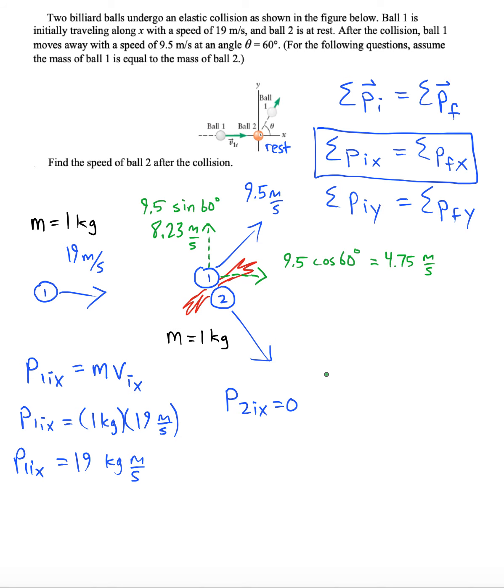Now we want to find P1fx. That'll be found by multiplying the mass times the v final x for ball 1, so it's 4.75 kilogram meters per second.